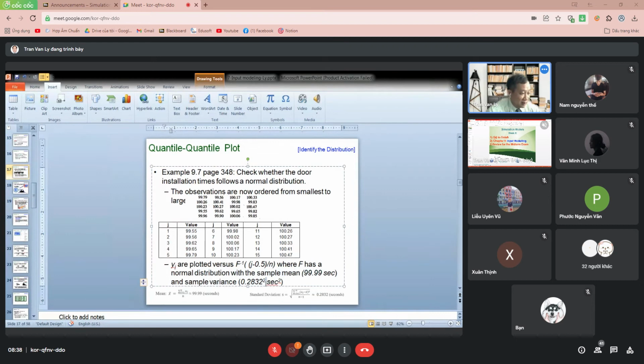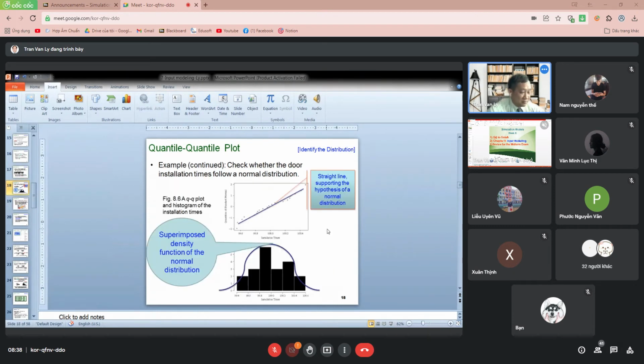The standard deviation is the square root of this one. So we see that we identify the distribution by applying the Q-Q plot. You can see both.